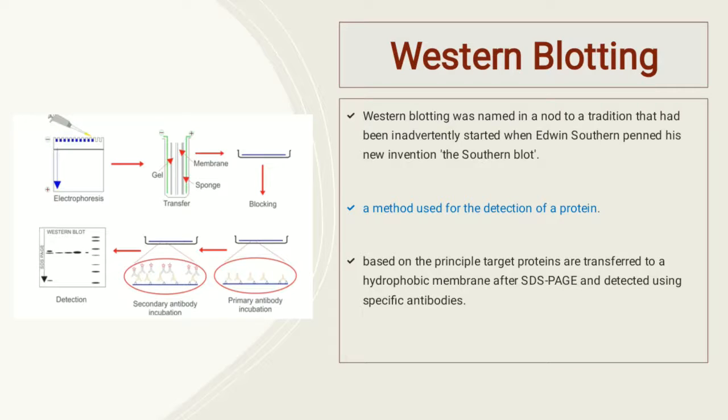After the secondary antibody incubation, we will detect our target protein on the western blot, or the nitrocellulose membrane. With the help of a radiograph, or visualizing the membrane under X-ray film, we will be able to detect the location of our target protein.